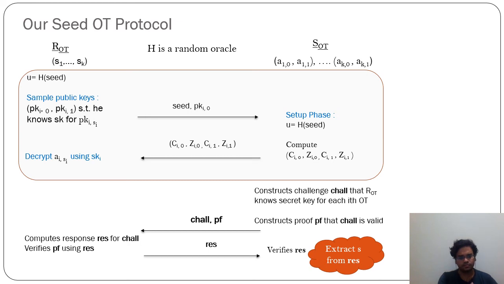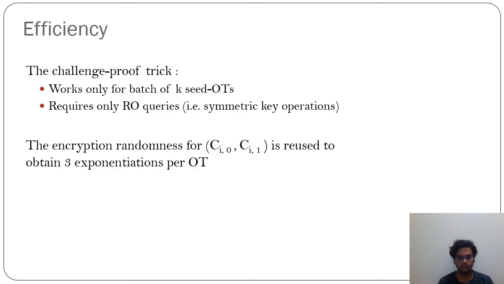So it can be seen that the receiver message, that is, the last message of the receiver, which is a response, can be used to extract S. This is exactly what we do in our OT extension protocol, where the last message of the seed OT is used to extract S, and then the OT extension protocol is simulated using the knowledge of S. So our challenge proof trick works for a batch of k seed OTs when considered together, and we require only random oracle queries, that is only symmetric key operations without any public key operations.